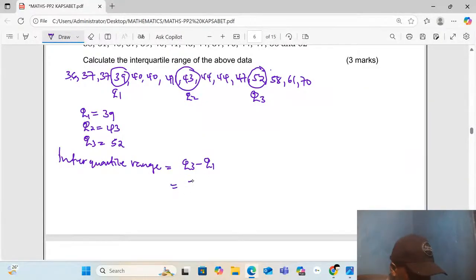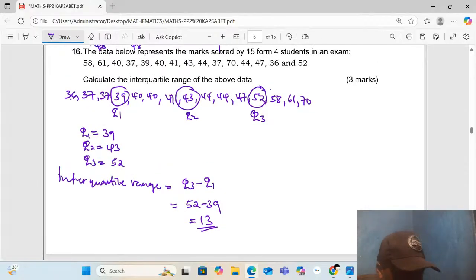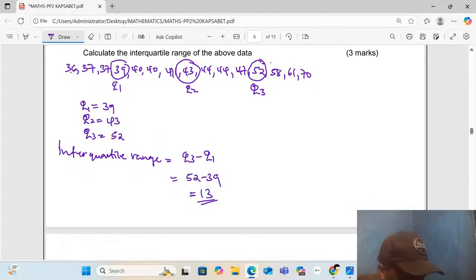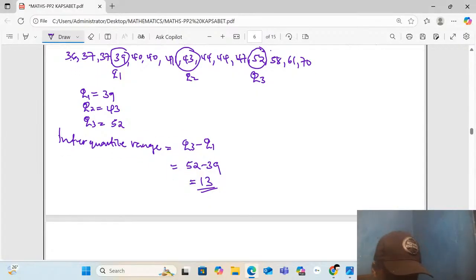That one we shall have 52 minus 39, and that is how we arrive at 13 as our interquartile range. So 13 becomes our interquartile range for this given question. So that is how you get your 3 marks. That is the end of section 1 of this paper.